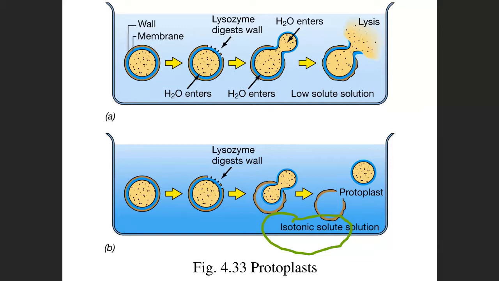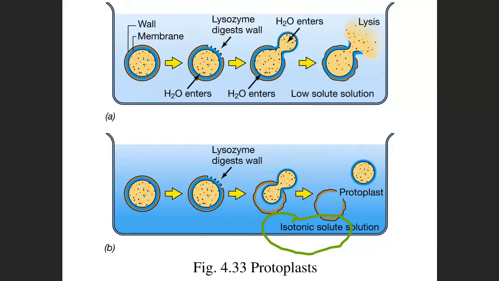Now if you put a bacteria without a cell wall or with a degraded cell wall into a low solute solution, the higher salt concentration is inside, and water will enter toward the high concentration. Why? Remember the principle, the salt concentration needs to be the same across the membrane, right?